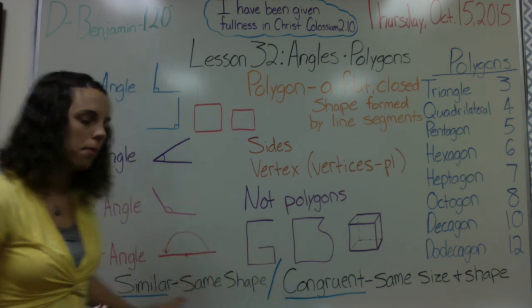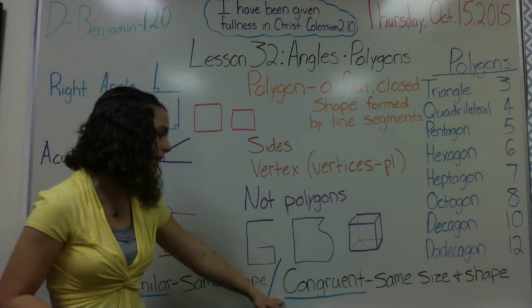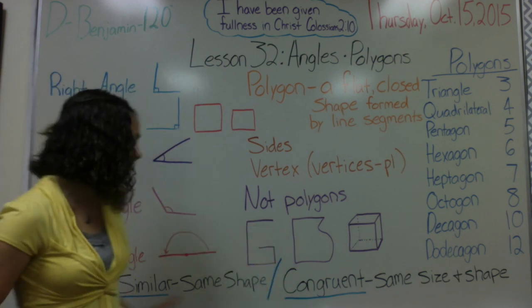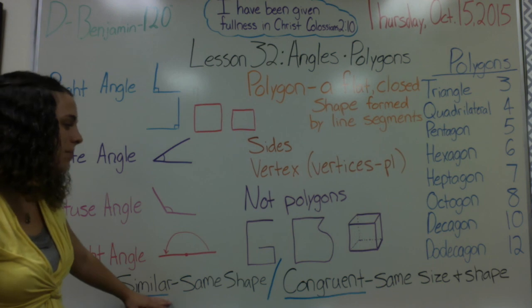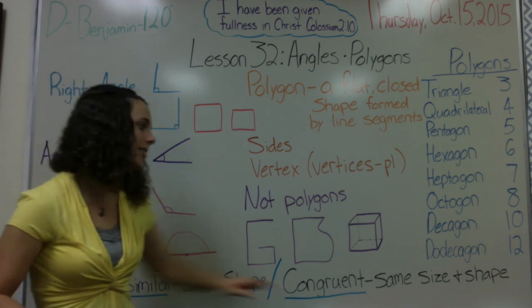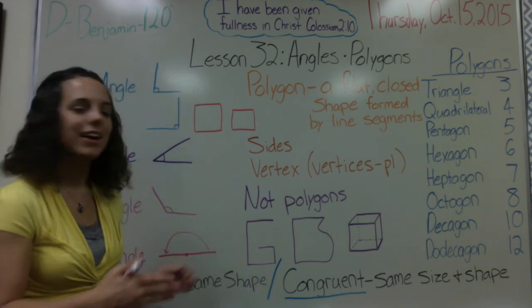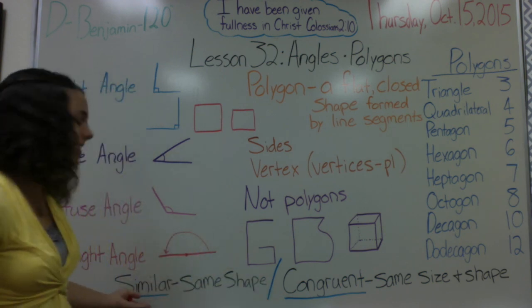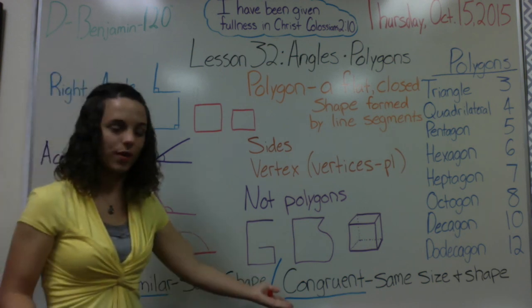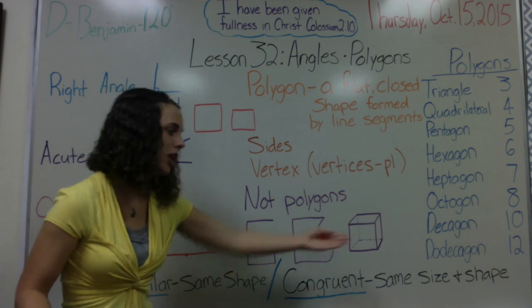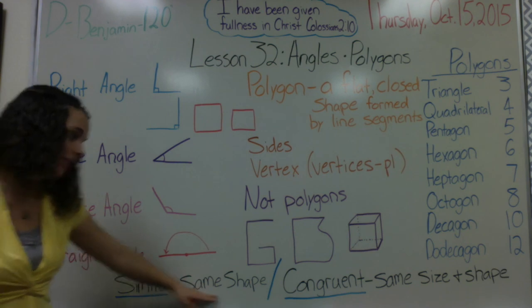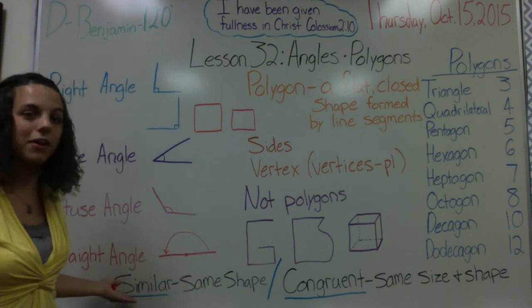So you can have a shape that is both similar and congruent, but if it is just similar, it doesn't always have to be congruent. To simplify that statement, congruent is always similar, but similar is not always congruent, because congruent has to have same shape and same size. So if it has the same shape and same size, it definitely has the same shape, so it's definitely similar.